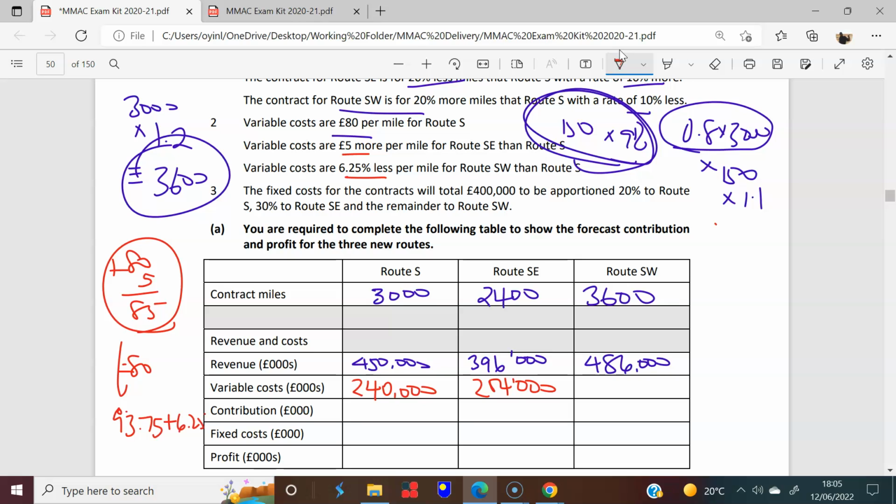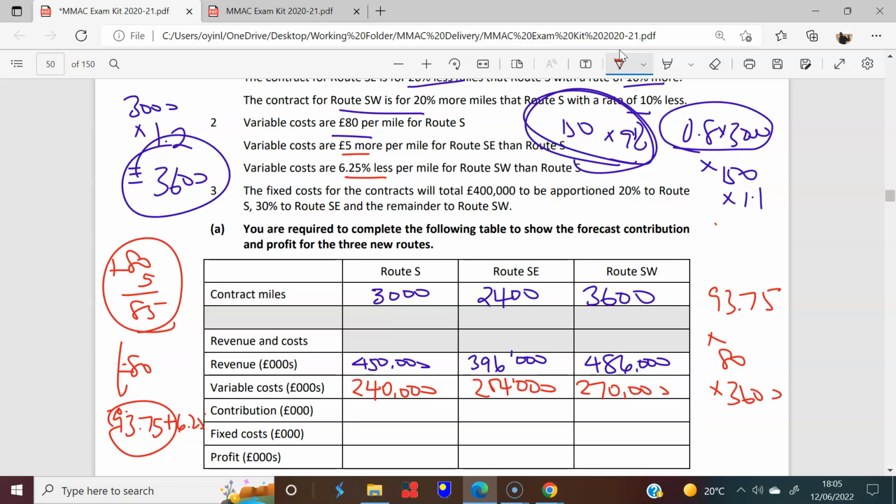So basically, the new cost is 93.75% of £80. The point is to get to the difference. So 93.75% of 80 times the number of miles of 3,600 should take you to 270,000.